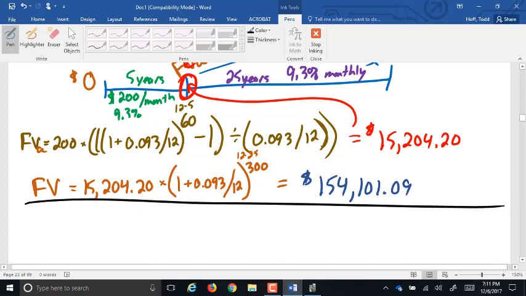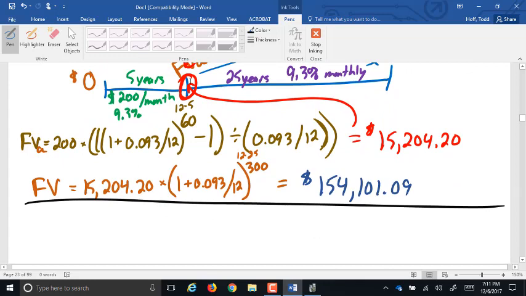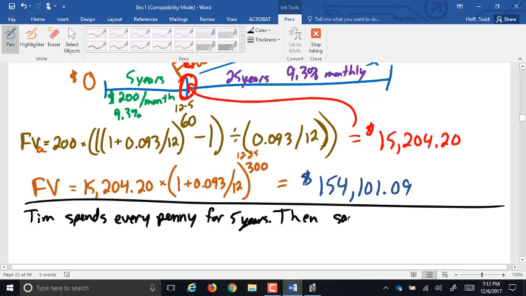So now let's compare here. Instead of doing that for the 5 years and letting it sit for the next 25, Tim spends every penny for 5 years, then saves $200 each month at 9.3% for 25 years.